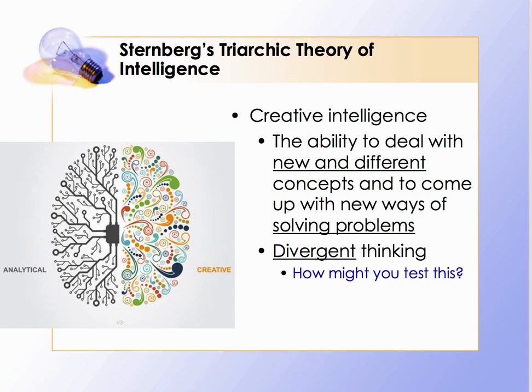So this is very divergent thinking. So different questions you might use to assess creative intelligence, or different types of assessments, maybe like creative writing assignments, maybe even a performance assignment. So allowing an individual to display that aspect of their intelligence.